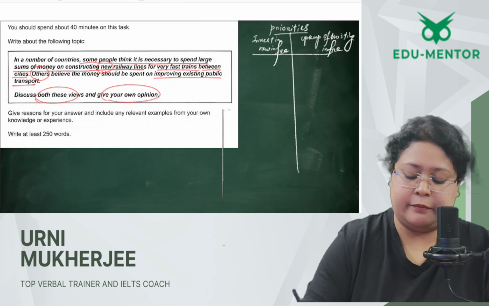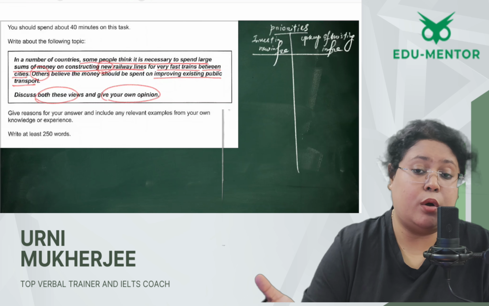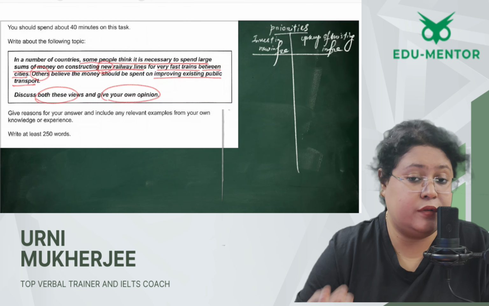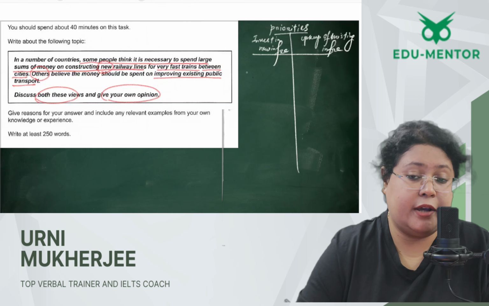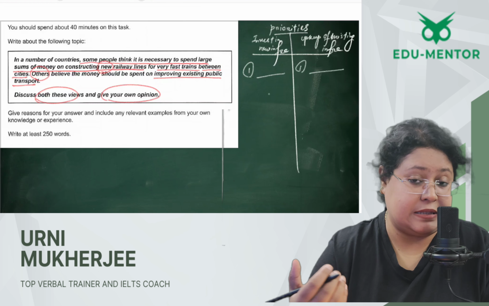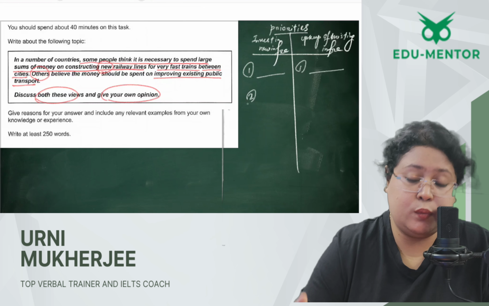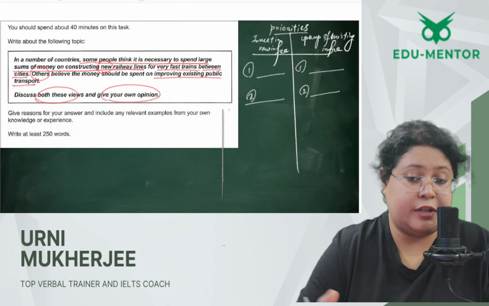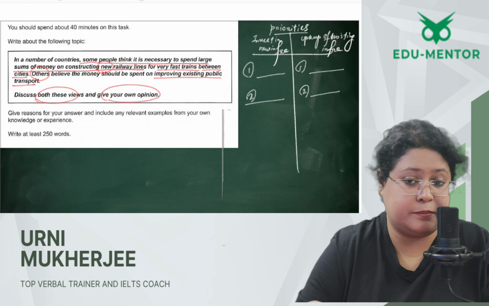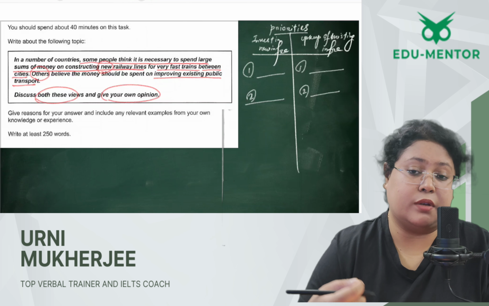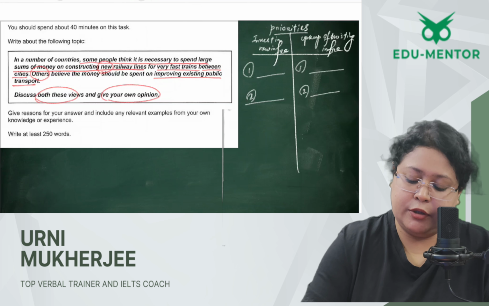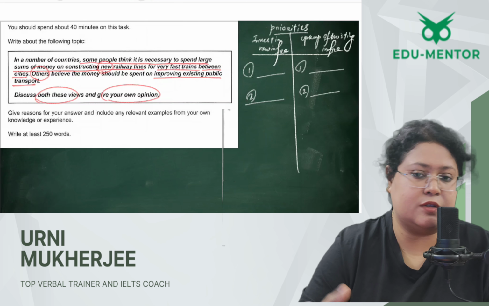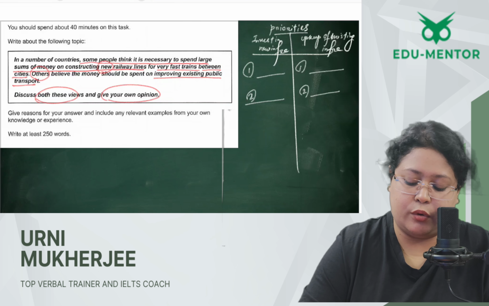Okay. So, are you on the side of investing in new infrastructure? Are you on the side of investing in, let's say, maintaining the existing ones? You would have to decide based on how many relevant points, good substance, good examples you can start with, right? Now, whatever you believe in, in this one there's no bias, right? Let's say you're going for the new infrastructure.